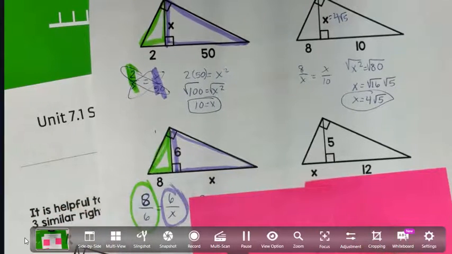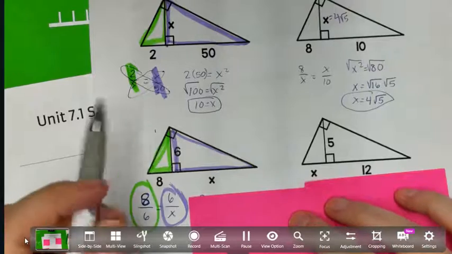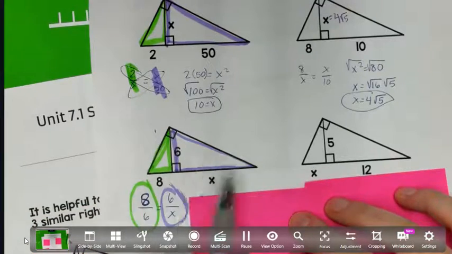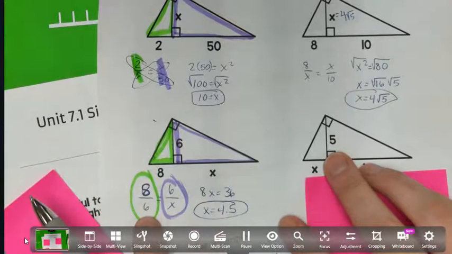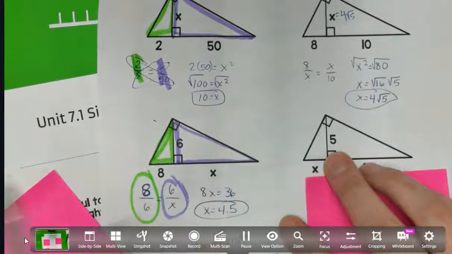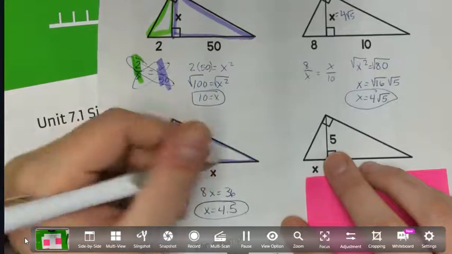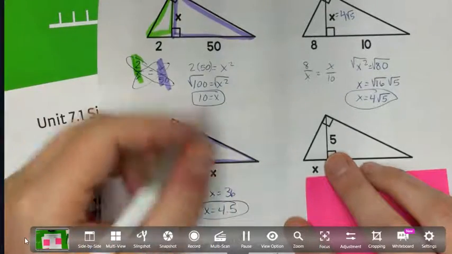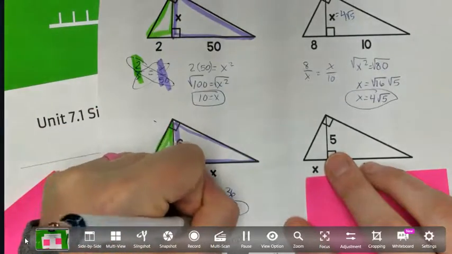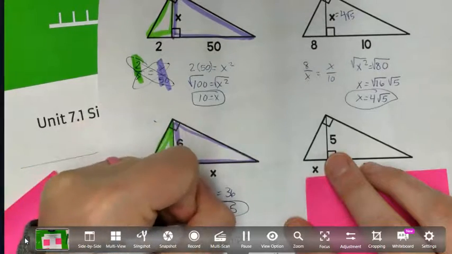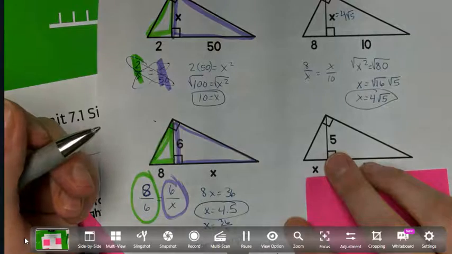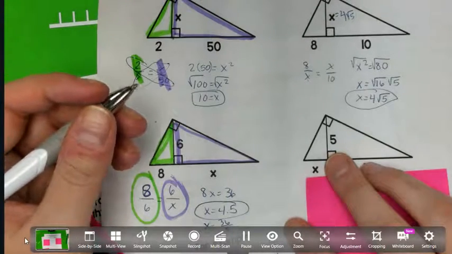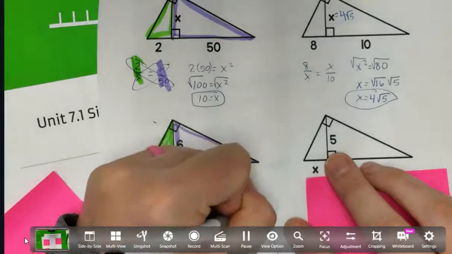Now we can cross multiply, and we won't have any square roots here, because when we multiply, we've got 8 and x, and 6 and 6, which is 36. And so it can look either as a decimal, or we can have 36 over 8, which will simplify to 9 halves.